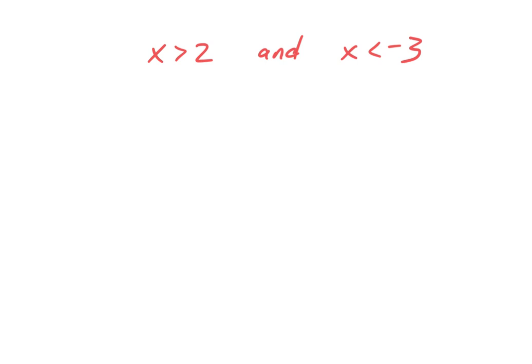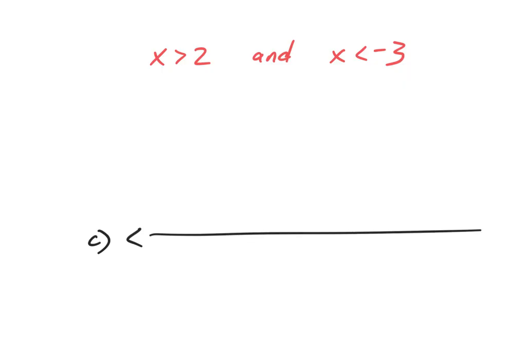But if I just gave you something like this and I said, let's graph it. -3 is down here. 2 would be up here. Parenthesis, shaded to the right. Parenthesis, shaded to the left.